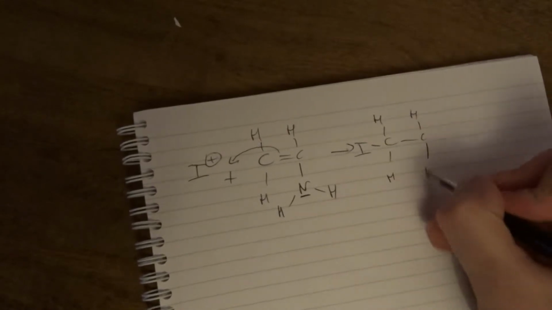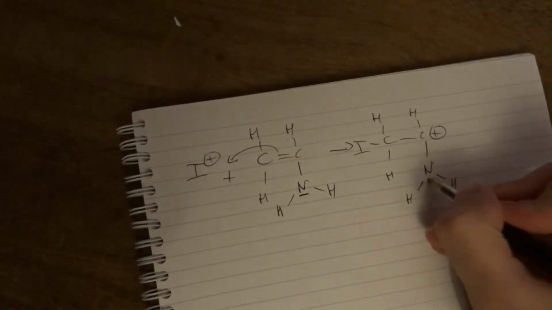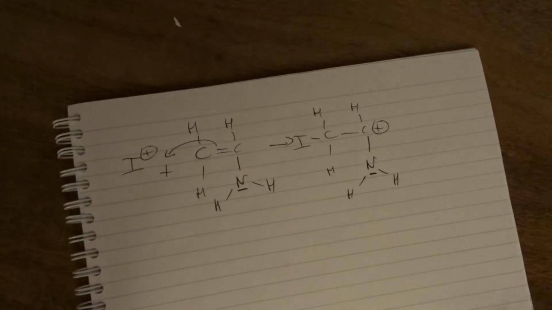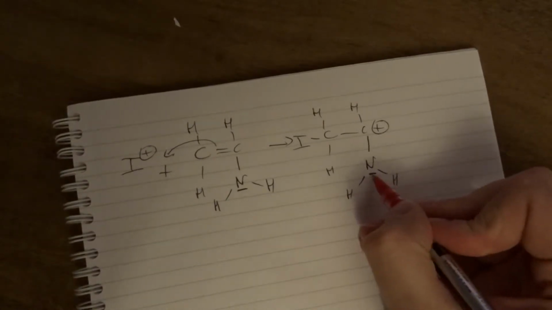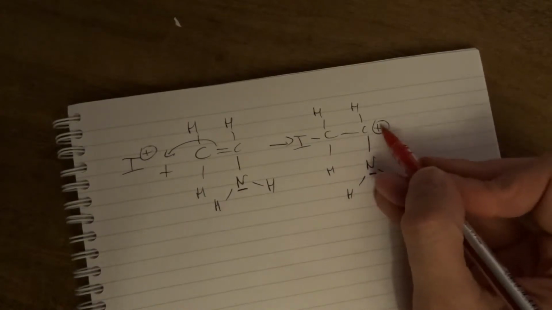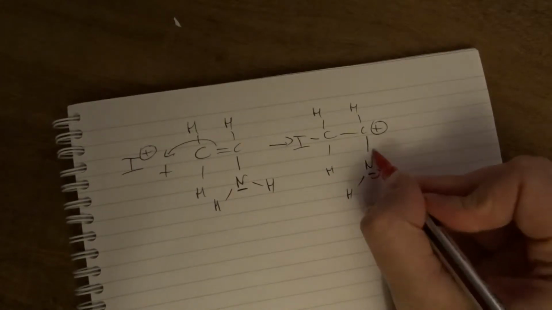Initiator here, and here's the positive charge, H, this. So from your basic organic chemistry courses, you see this electron pair here, this lone pair, can be donated to form a new bond where this positive charge will be positioned on the nitrogen. So this can take place.